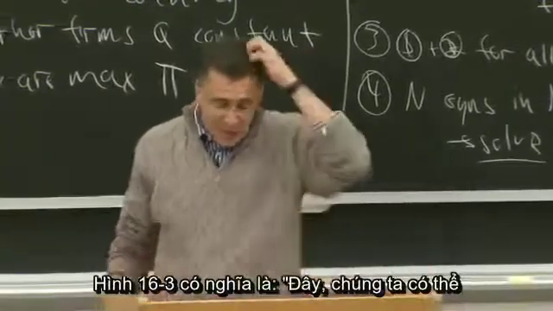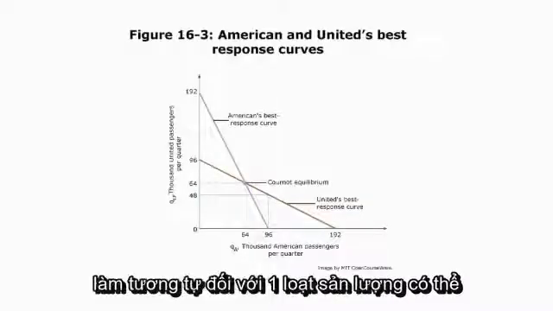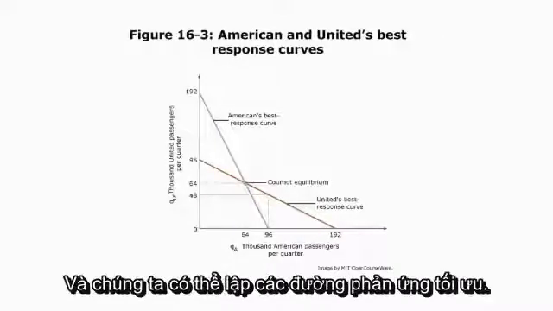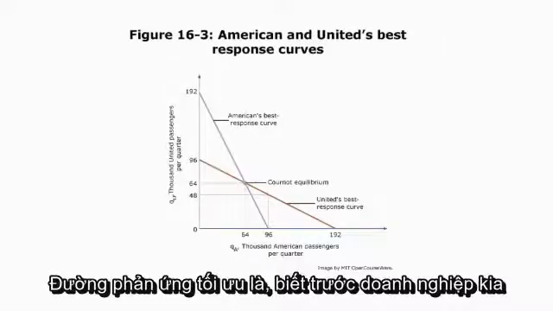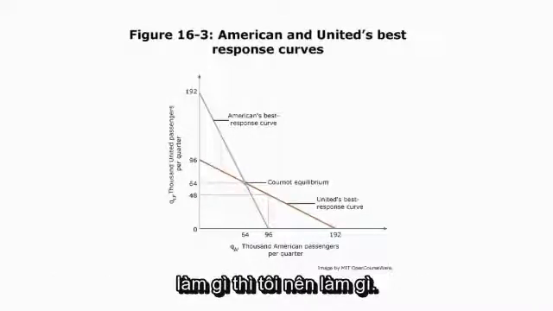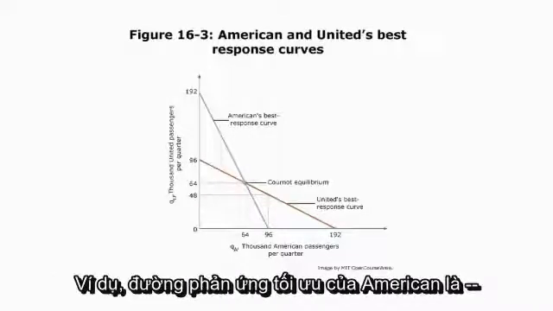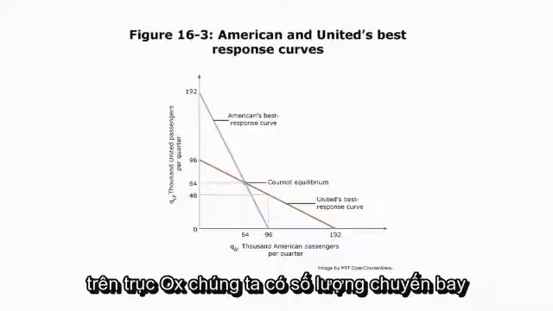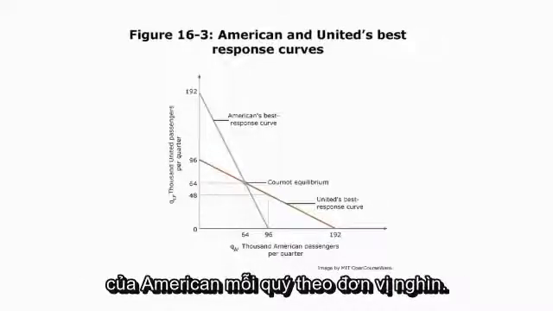What figure 16.3 does is say, we can actually do this for a whole host of possible production levels by the other firm, and we can develop what we call best response curves. Best response curves are, given what the other firm does, what should I do? So on the x-axis we have how many thousands of flights American passengers are flying per quarter.